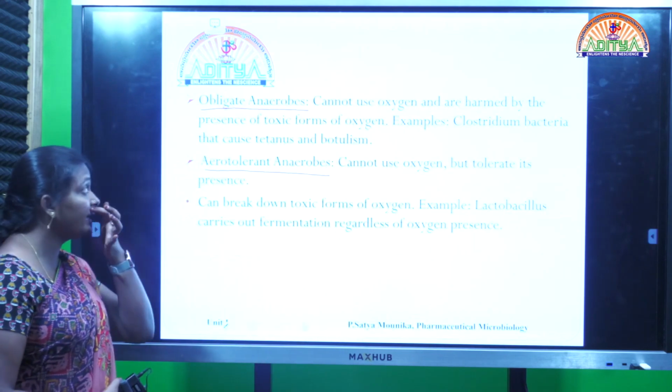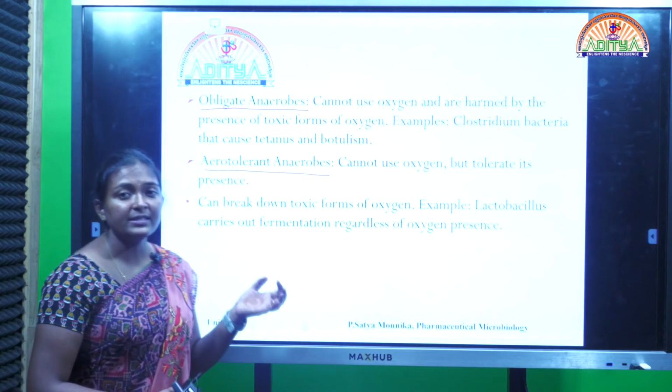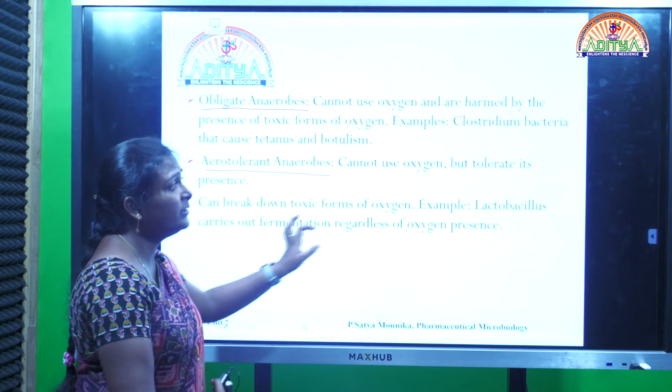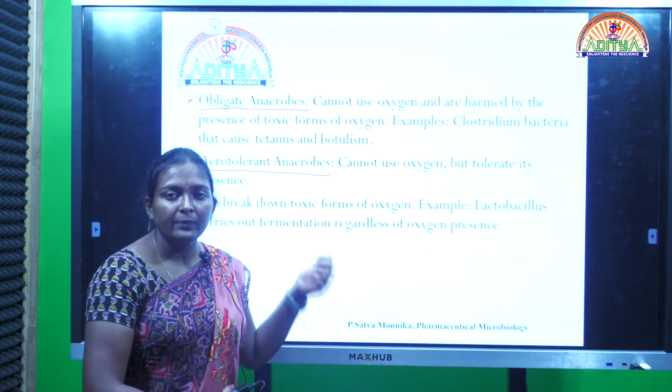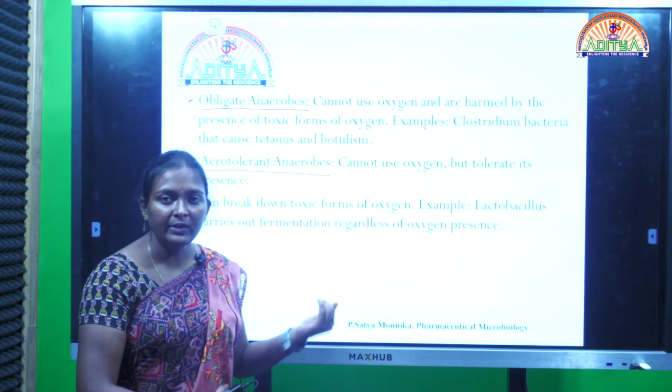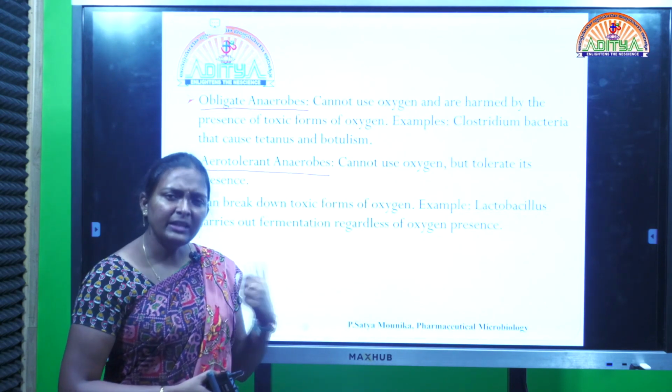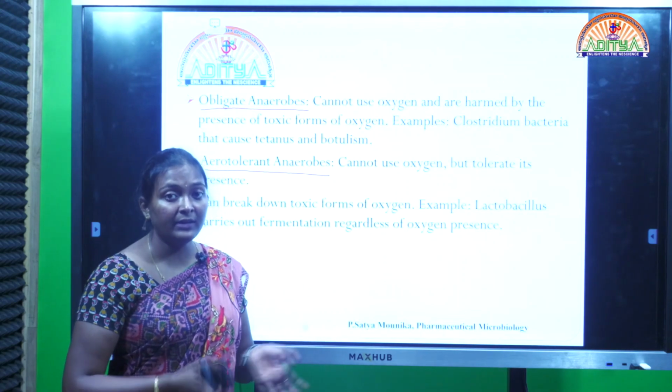Now coming to the next class, the obligate anaerobes. We said that the facultative anaerobes can live in the presence of oxygen, and even if oxygen is not supplied, they can still live.